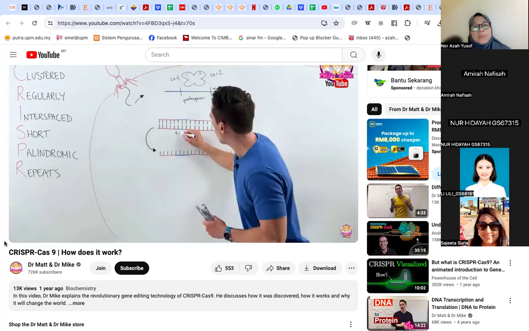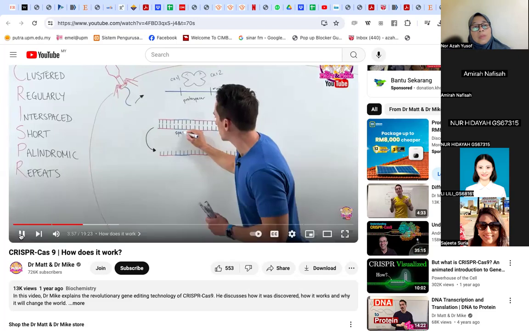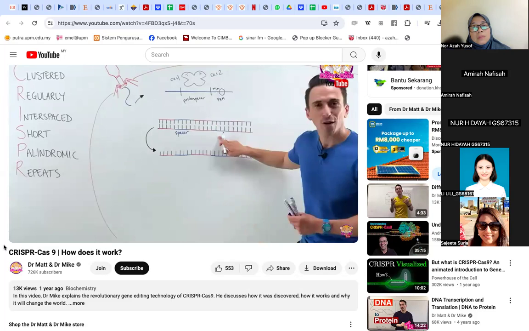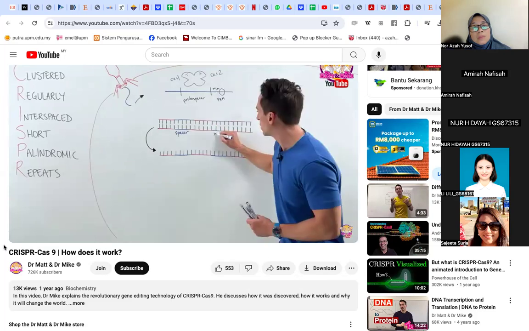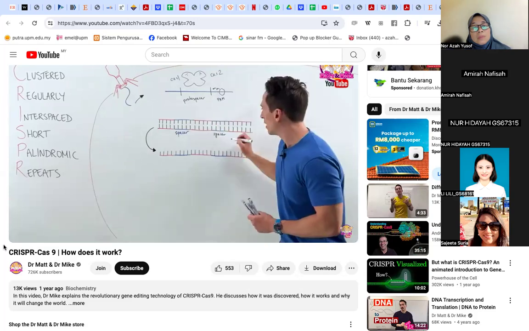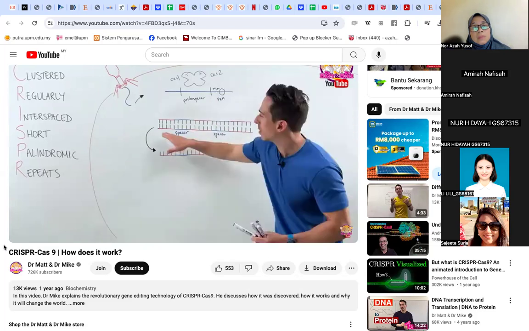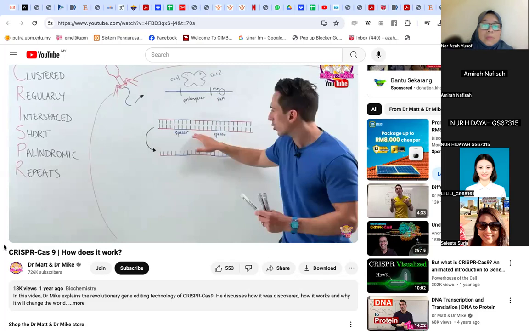So here we have a spacer. So now you have a protospacer, you have PAM, and then once it is incorporated, it is called a spacer from a virus. We've also got another spacer here, which is from another virus. Now, the areas in between the spacers, these are going to be the clustered palindromic repeats.